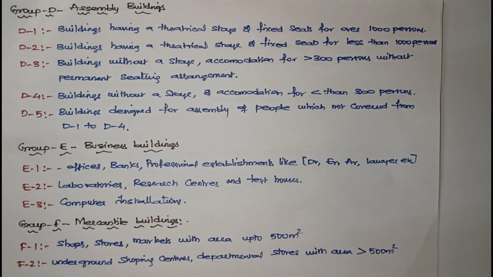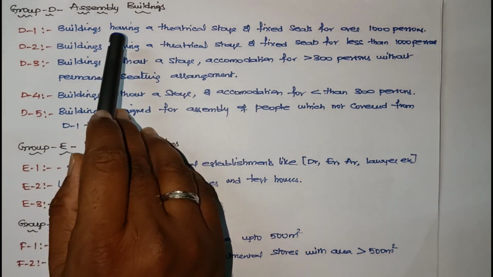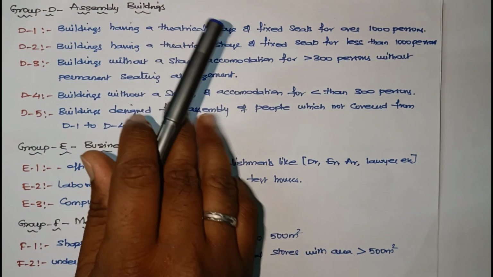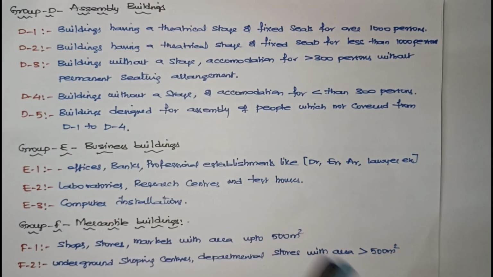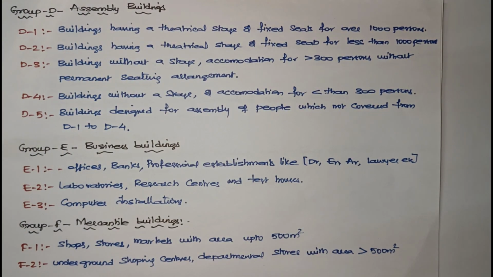Coming to group D, these are nothing but assembly buildings. Again, this has been categorized into 5 subdivisions. Assembly buildings means, as I said, a gathering of people for amusement. Amusement means some entertainment, and for social, religious purposes, like that.